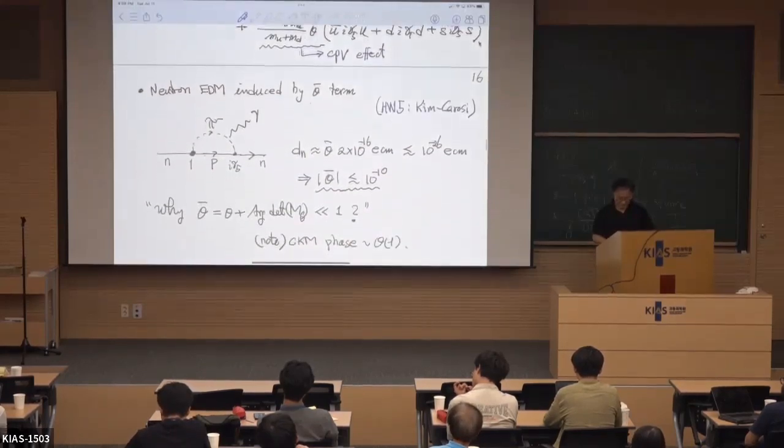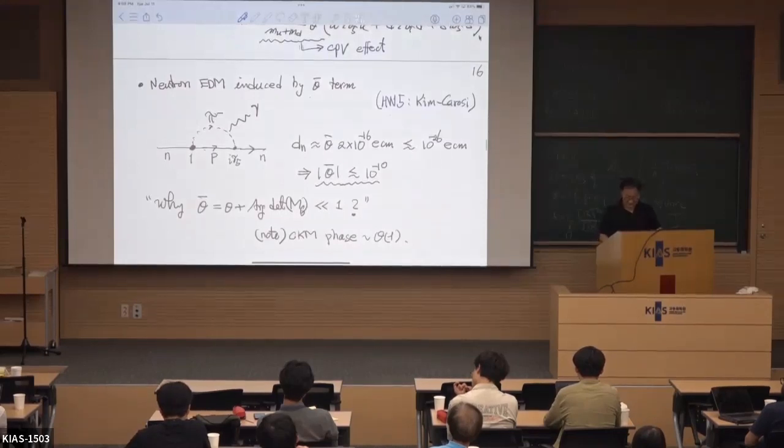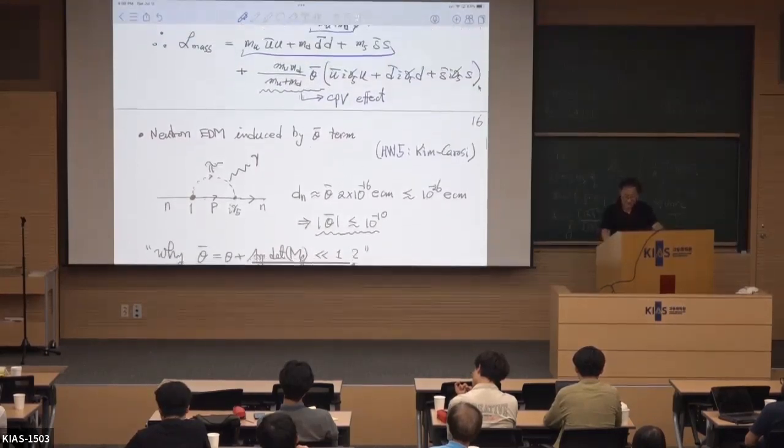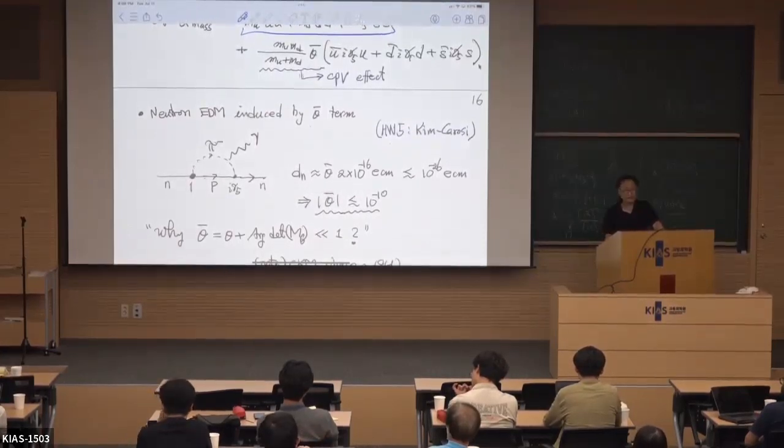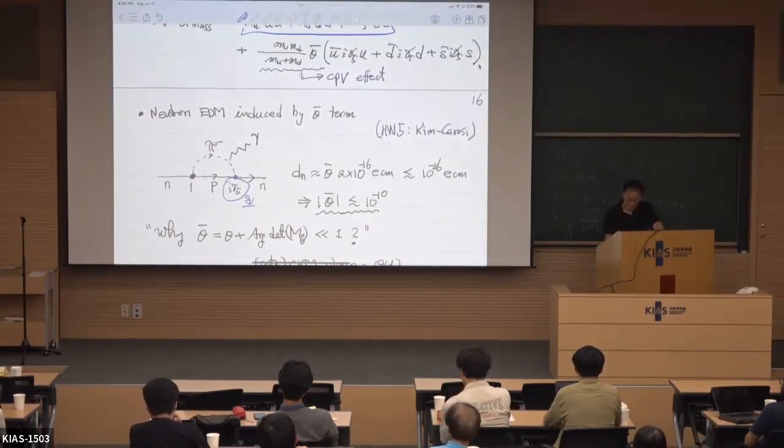Now, this theta bar can actually induce the neutron EDM. We wrote down the pi to pp or pi to nn, pi 0 to pp and pi 0 nn effective operators. Now pi plus minus should couple to proton and neutron, so we have some coefficient g over f_pi, and then theta bar appears here.